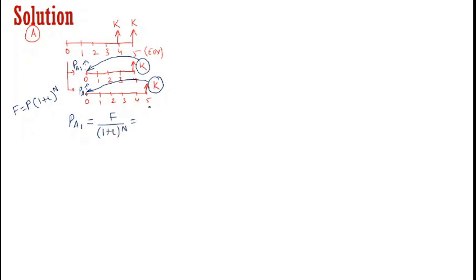F is given as K, and i is given as 15%, so it will be 1.15 to the power 4. These are for 4 years. The best way is to count like this: 1, 2, 3, 4. This is why this method is sometimes preferred. So this is PA1.